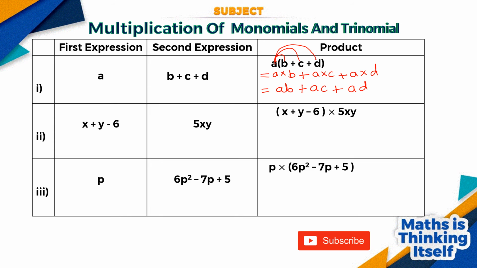Now similarly we can solve the next example. Here 5xy is multiplied with the first term x, then the second y, and the third 6, and the operators in between are put as they are.